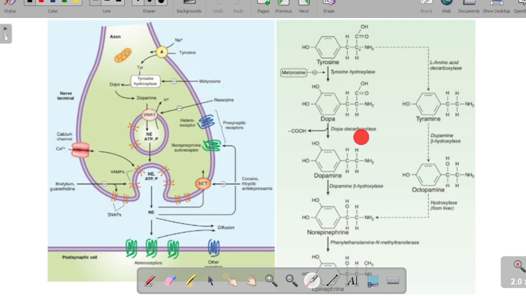Dopa in the presence of dopa decarboxylase is converted to dopamine. This dopamine is converted to norepinephrine in the presence of enzyme dopamine beta hydroxylase. This norepinephrine is converted to epinephrine with the help of enzyme phenylethanolamine N-methyltransferase.